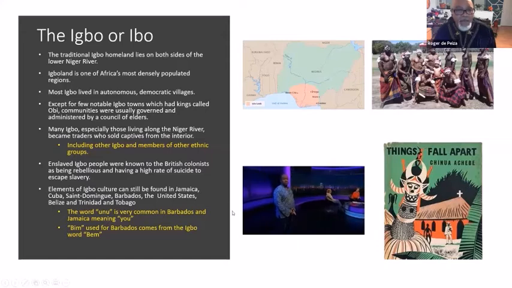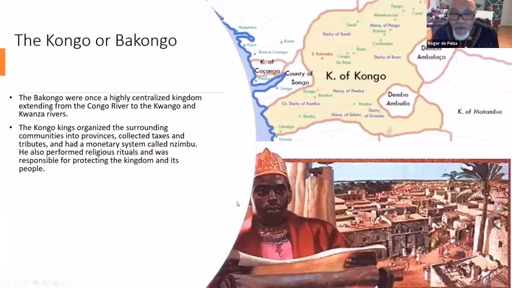Okay. Then, of course, we have the Congo. Now, the Portuguese people were amazed at how developed this society was. They thought of it as Little Portugal, basically, which they found on the African coast. Very, very developed.